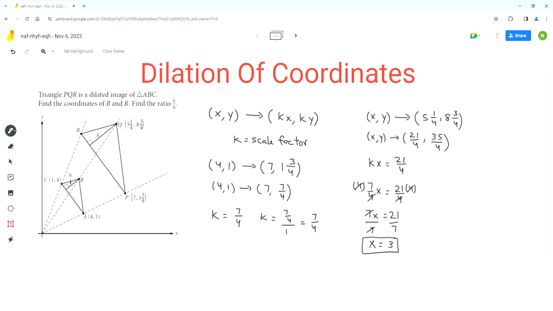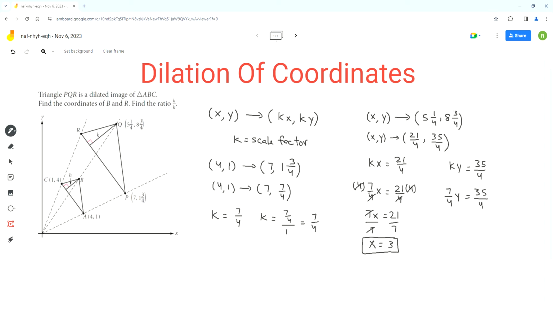Now we can do the same analysis for the y coordinate. The dilated y coordinate is 35 over 4. That means ky is equal to 35 over 4. Now we can sub in the k value that we found: 7 over 4 times y equals 35 over 4.